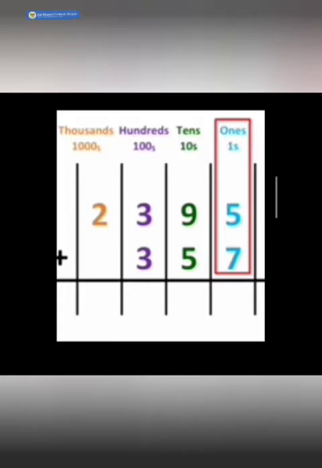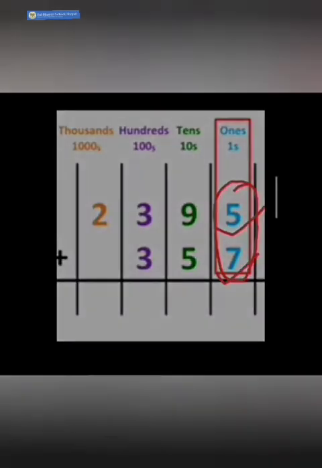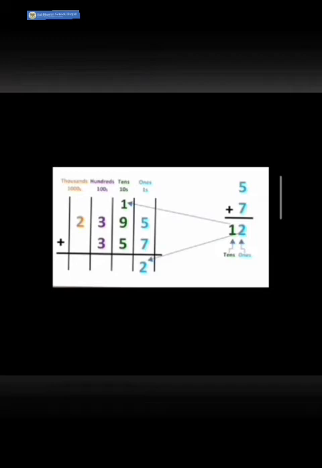So first we will add the ones place, 5 and 7. So what do we get on adding 5 and 7? We get 12. Now see here again, 2 is a ones number and 1 is a tens number.